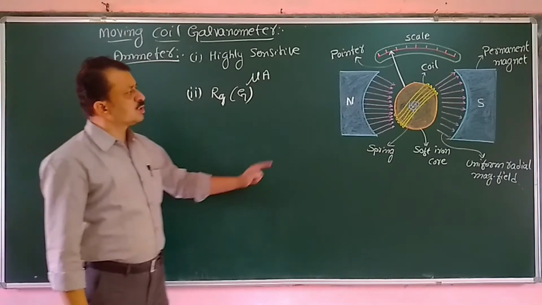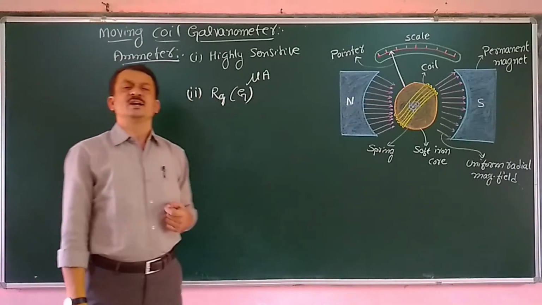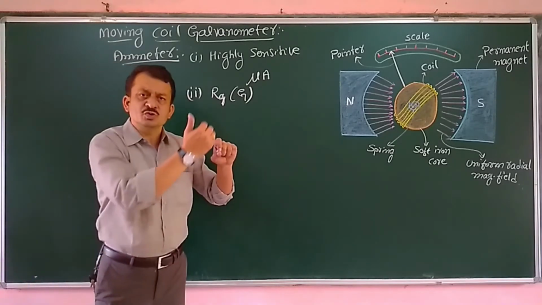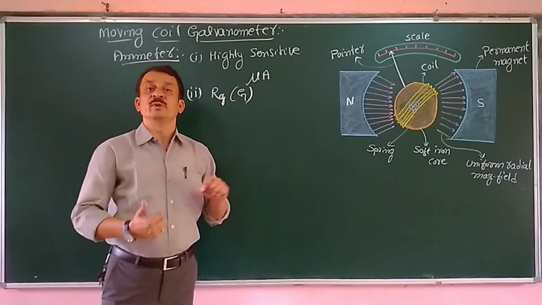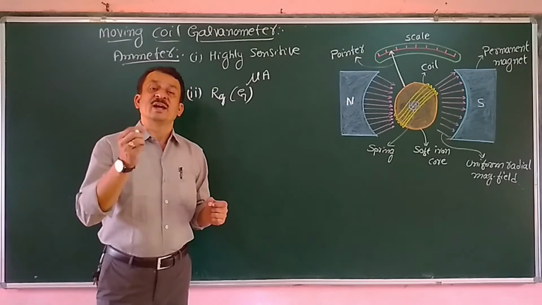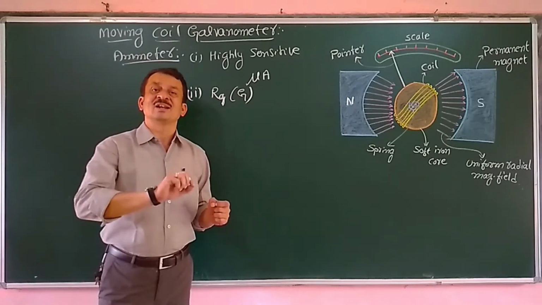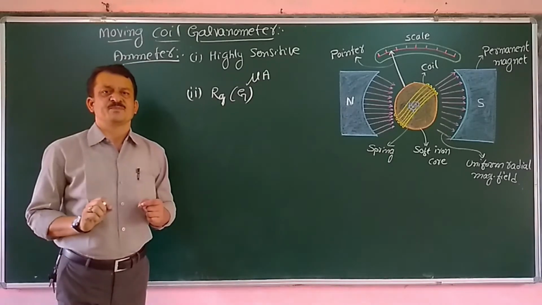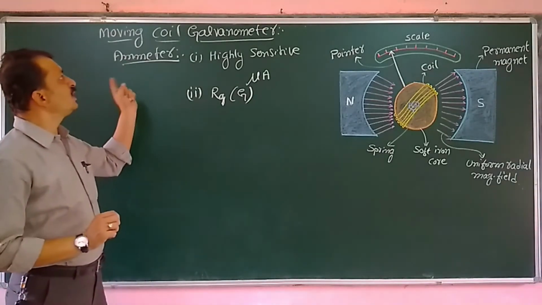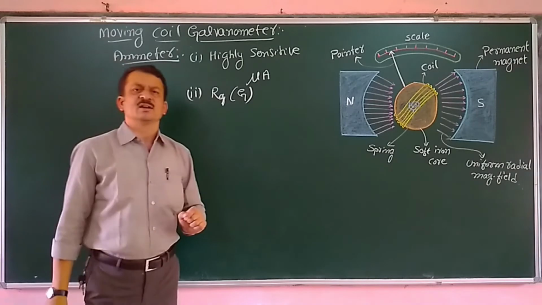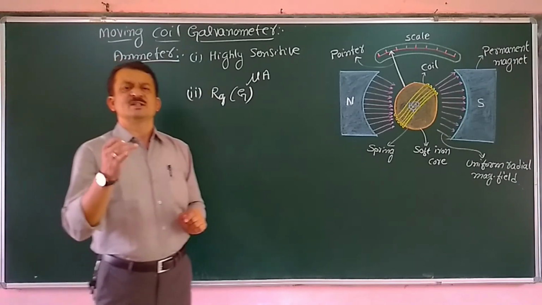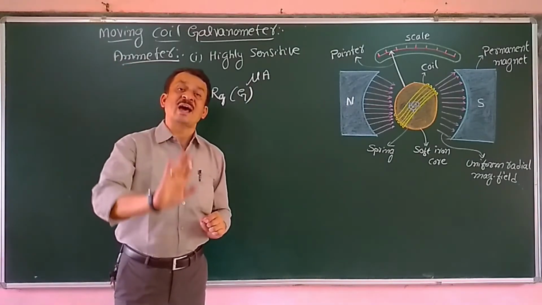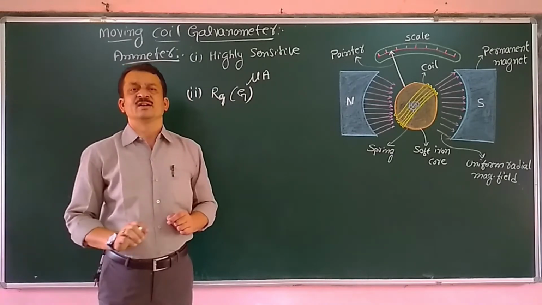Now in order to convert the galvanometer into an ammeter, I have to reduce the resistance of the galvanometer. How? By connecting a small resistance in parallel. Therefore, a galvanometer can be converted into an ammeter by connecting a very small resistance in parallel to the galvanometer.